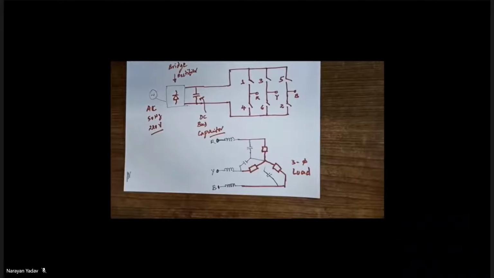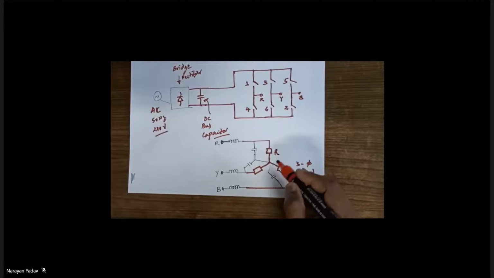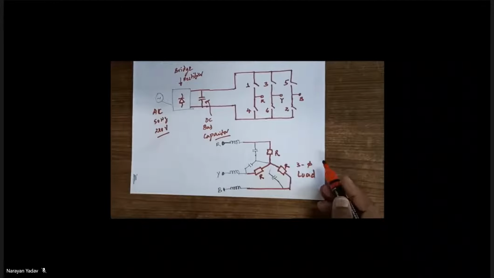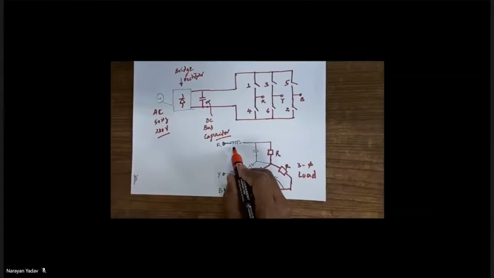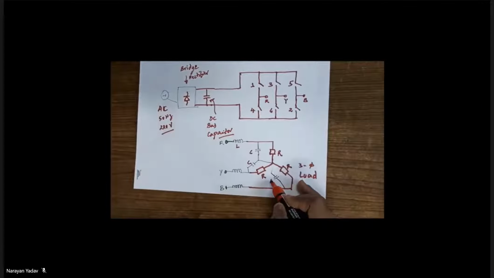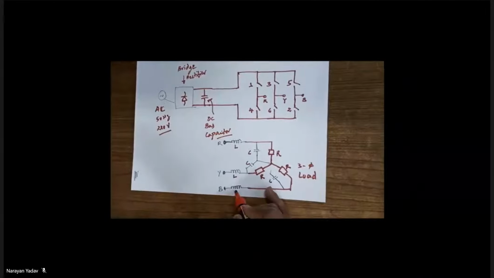This is a 3-phase load where you can see the load is connected in star fashion, and here we are assuming identical load R, and before that there is an inductor and capacitor. So 3 capacitors are connected across the load, and 3 inductors are connected in series with the line.